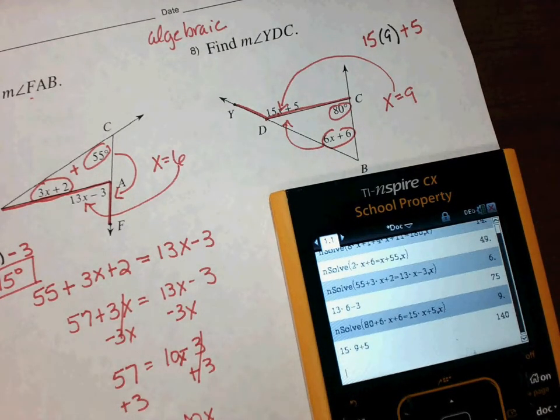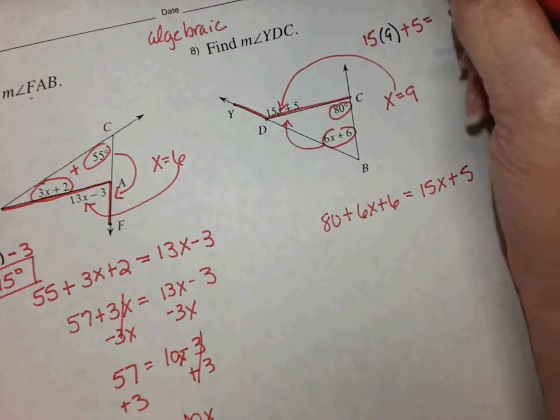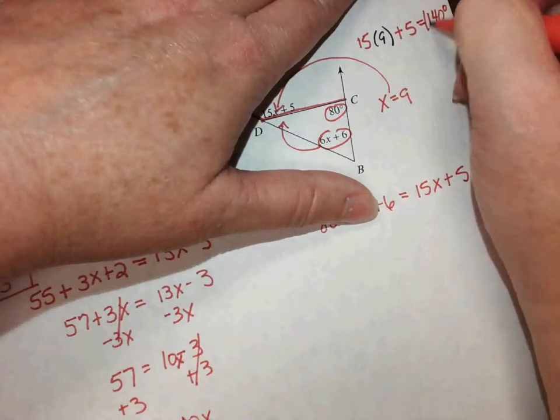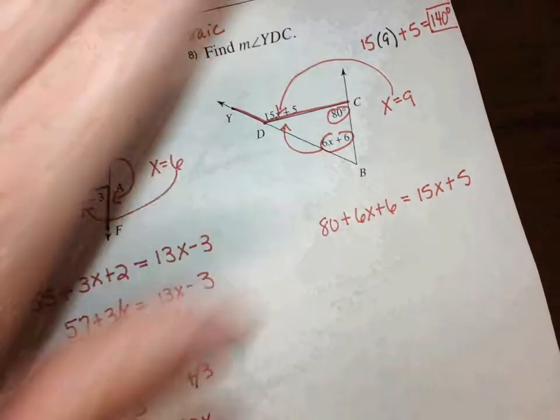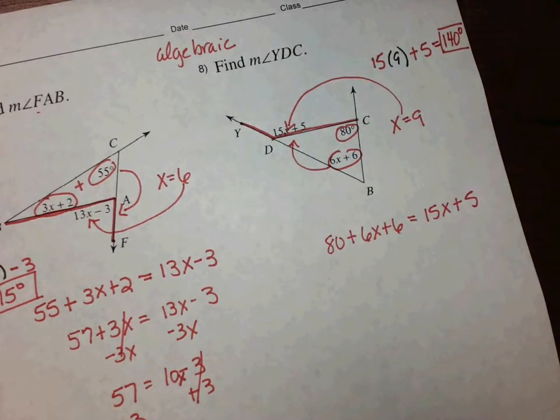And it tells me that that angle measure would be 140 degrees. So that is the measure of angle YDC.